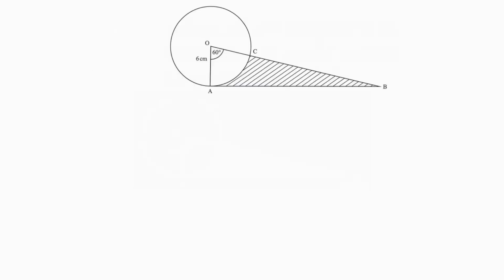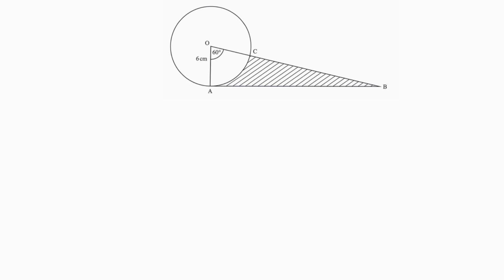And remember, we've been told that line AB is a tangent to the circle, and in the properties of tangents, a line tangent to a circle is always perpendicular to the radius corresponding to the point of tangency. So what that means, our angle OAB is a right angle.